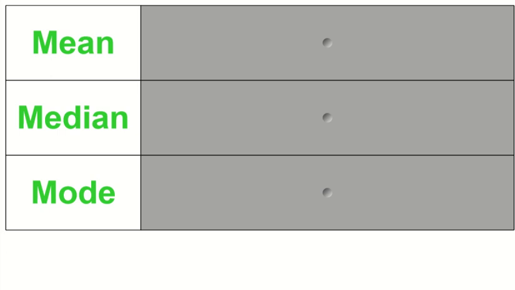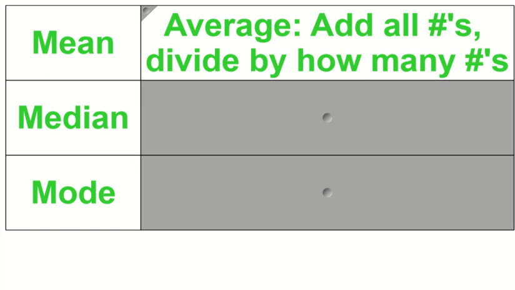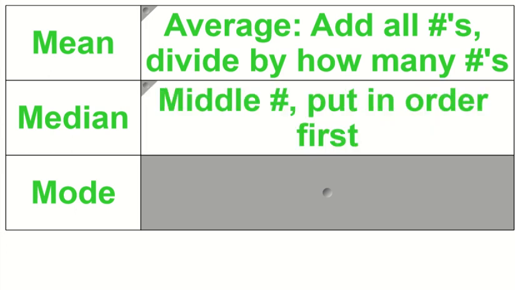How do we find the mean? Robert? You add up all the numbers, divide by how many numbers there are. How do you find the median, Sari? It's the middle number, and you put them in order first. Least to greatest.